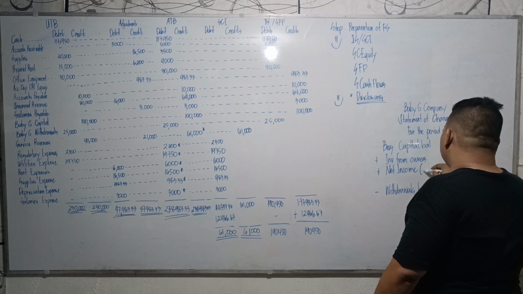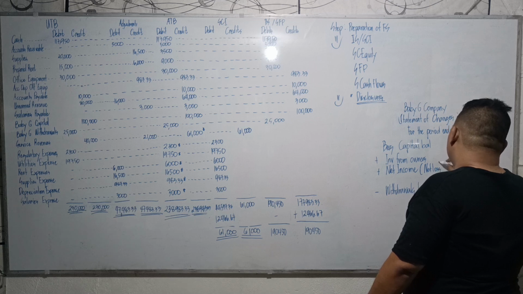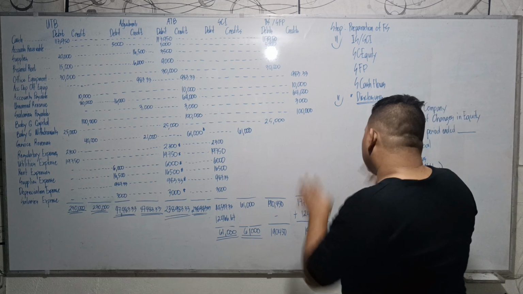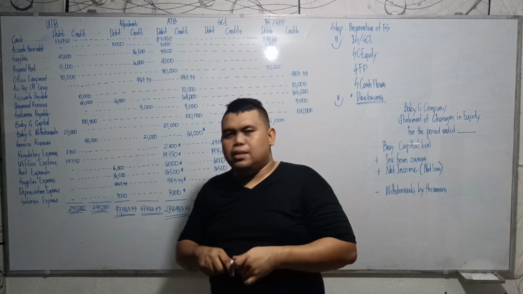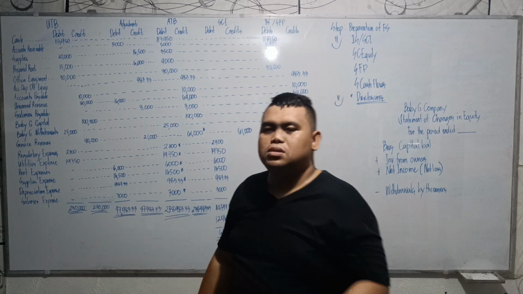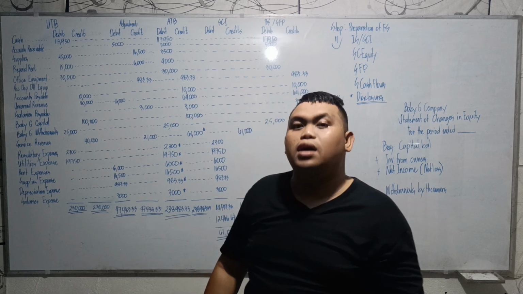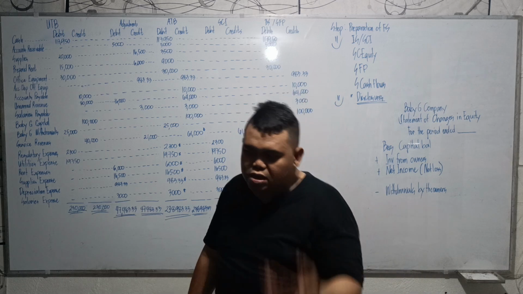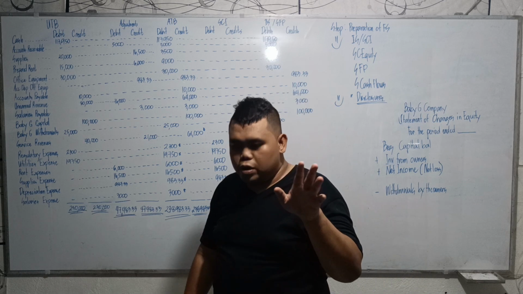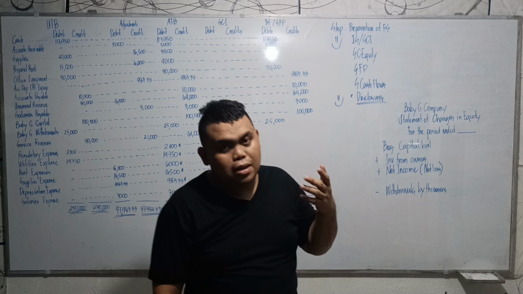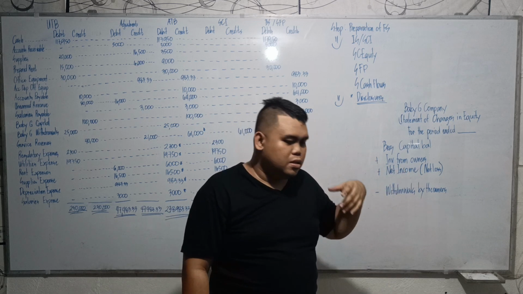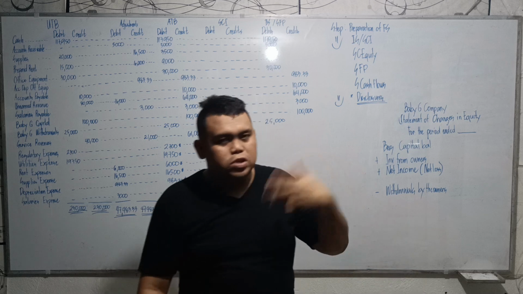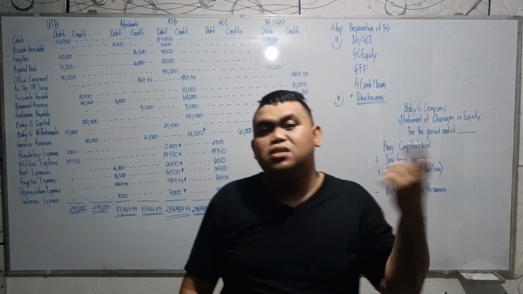But if it is a net loss, then put also net loss. Something like that. So that's what you are going to do only. You start with the beginning capital, and then you put on the 4 things that will change the capital balance, which is the investment, the revenues for additional capital, of course, that will add on the capital. And then those that will deduct is, of course, the withdrawals by the owners and the expenses.